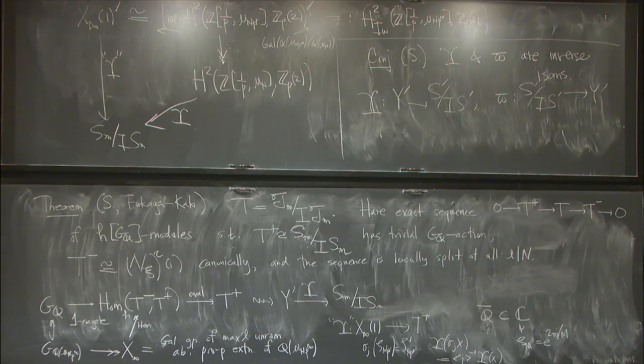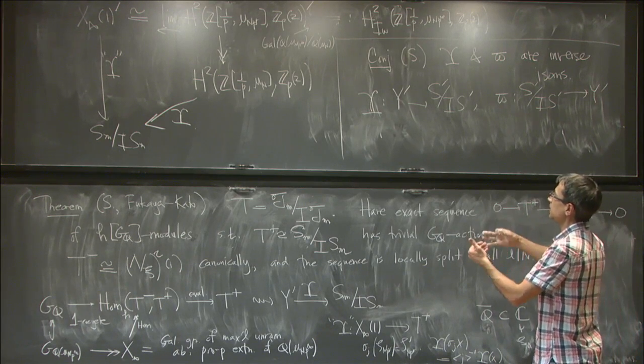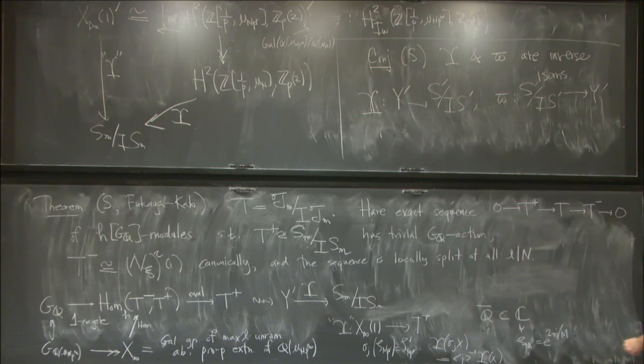So in some sense, the conjecture says that T is the extremal lattice. It implies that.